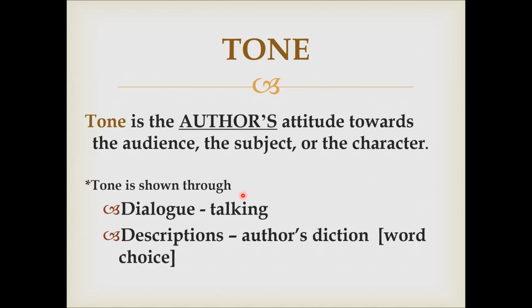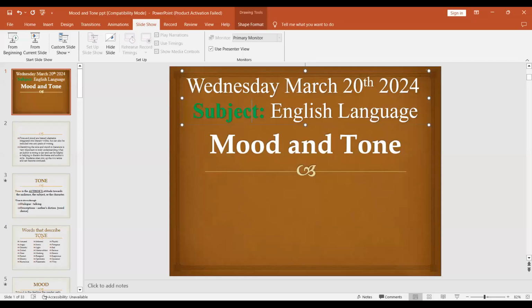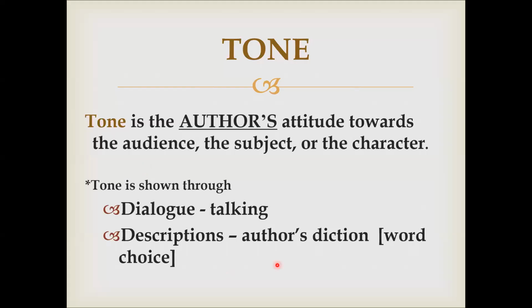Aliyah, can you read the definition for tone? Tone is the author's attitude towards the audience, the subject, or the character. Very good. And Angel, where's Angel? Can you read the definition for tone?